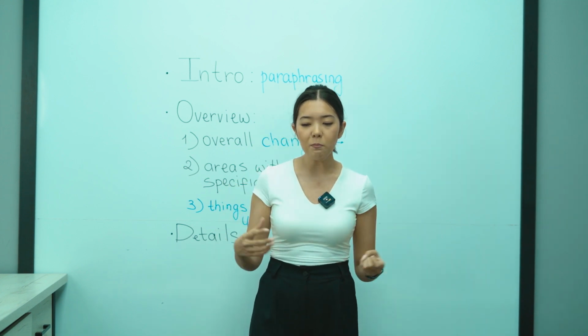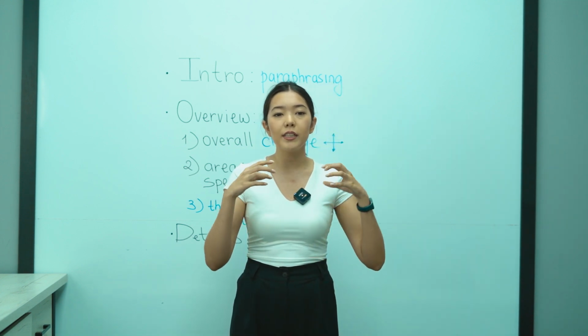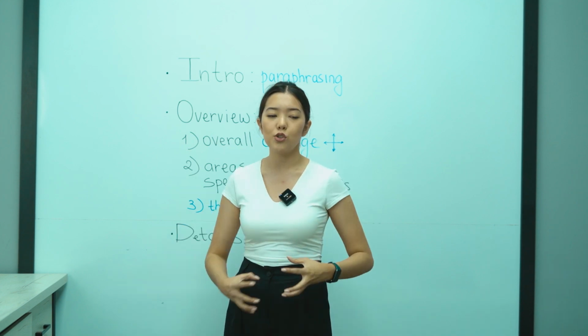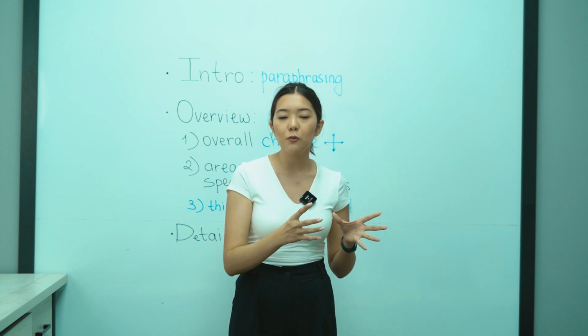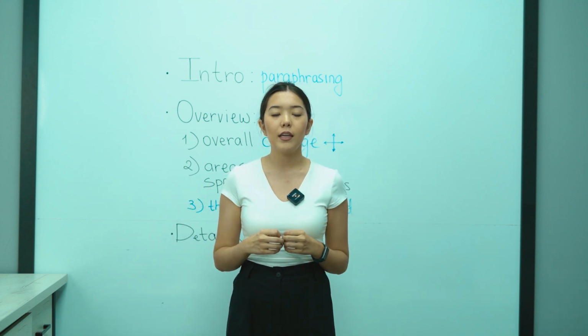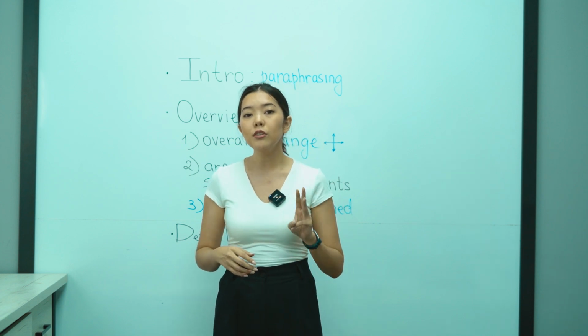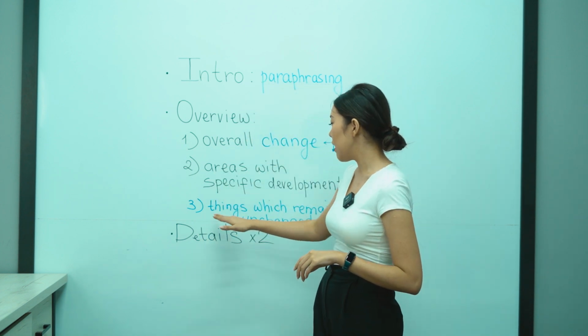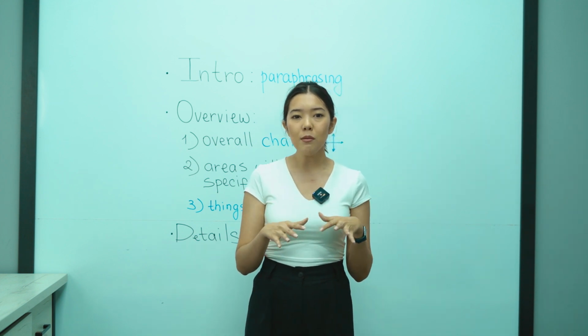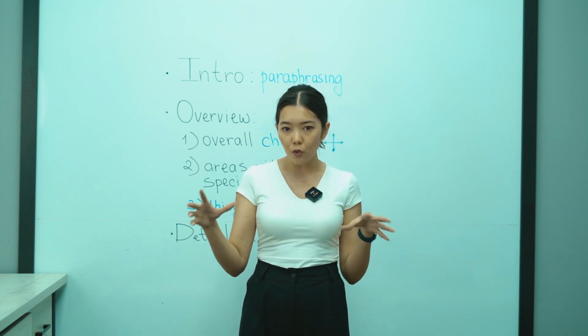Areas with specific developments means, for example, there were big changes in terms of buildings, in terms of green zone, for example, in terms of natural part of the map. The third thing that you should pay attention to is things which remained unchanged. So sometimes maps are not changed fully.